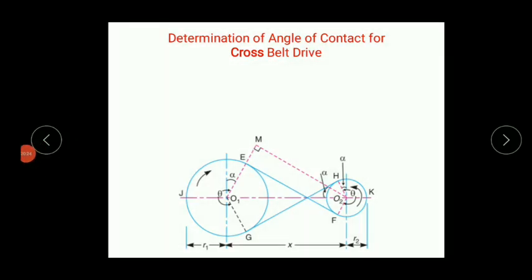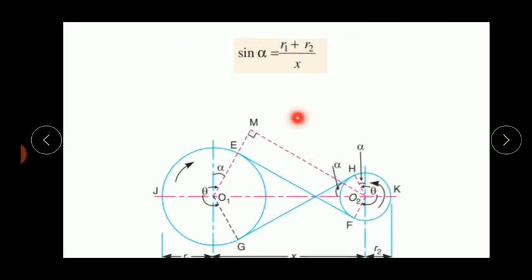Now, determination of angle of lap for cross belt drive. Here again it is very similar. Sin alpha is r1 plus r2 upon x. So you can observe here, alpha is here.